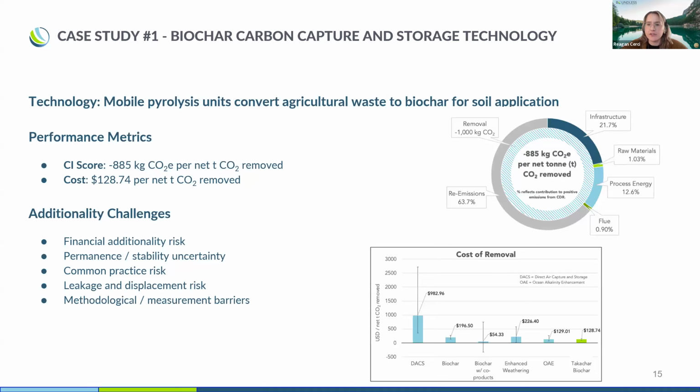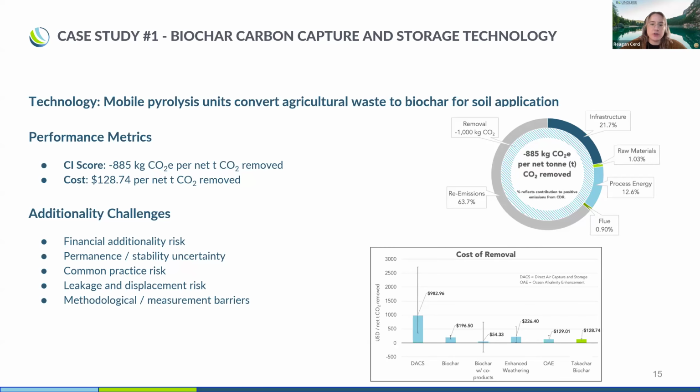On the right here, you can see the performance metrics. The pie chart is essentially showing you the net ton CO2 removed, and then below you can see a cost of removal compared to benchmarks across the carbon removal industry as well.